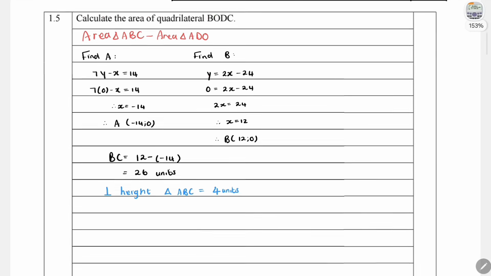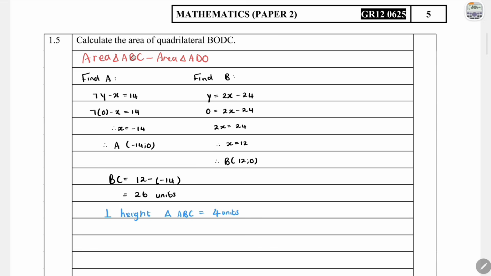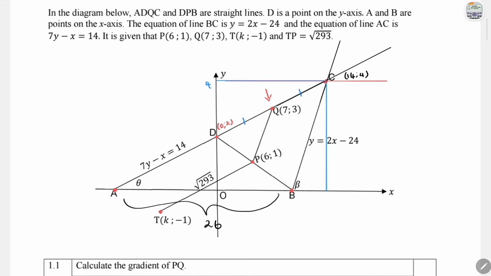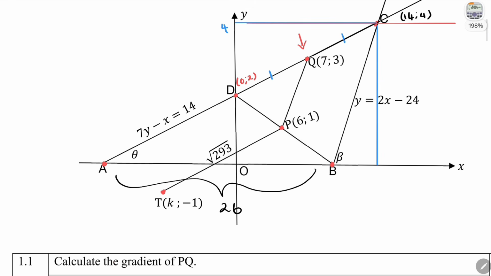Okay, we have everything for triangle ABC. Let's look at triangle ADO now. With ADO, we actually have the height in this case, because you see that DO is perpendicular to AO because they are on the x and y axis. So that is the height. The height is 2 for DO.